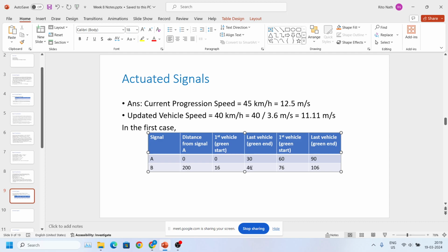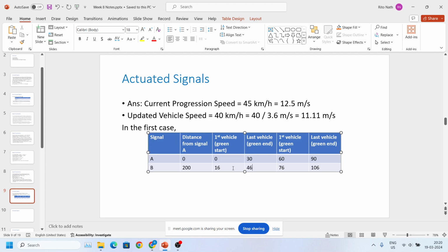Here also, okay, so this part is fine. For B, vehicle, okay. These are your ideal offsets.